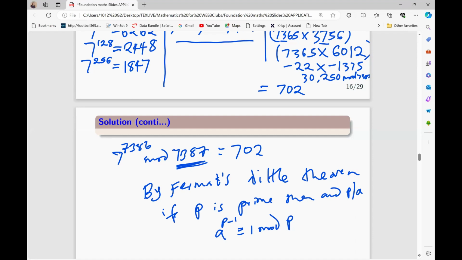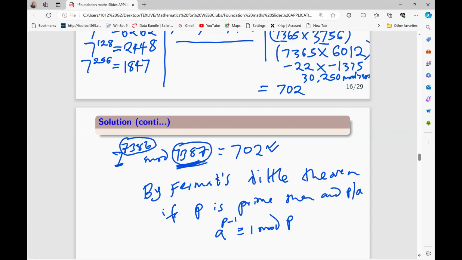In this case, you can see that the power we have is this number minus 1, and this number cannot divide 7. But the answer that we get is 702. It's not the same as 1.